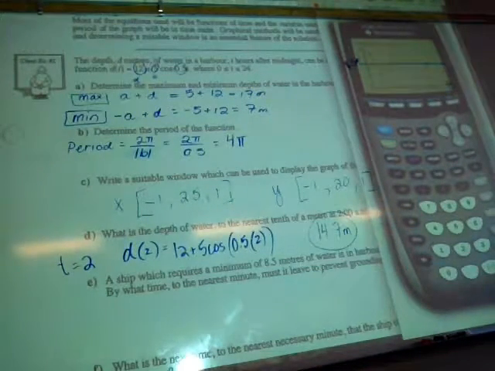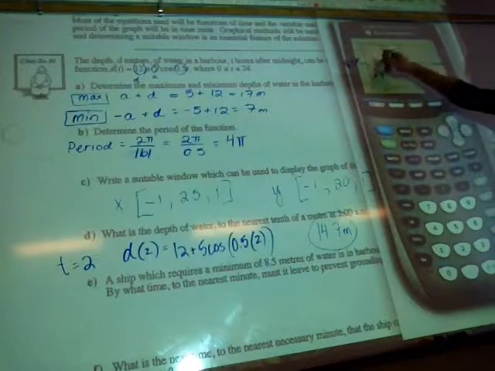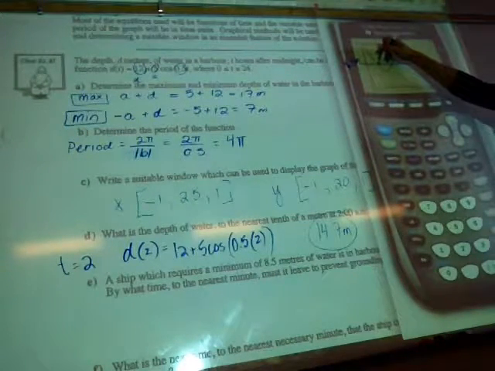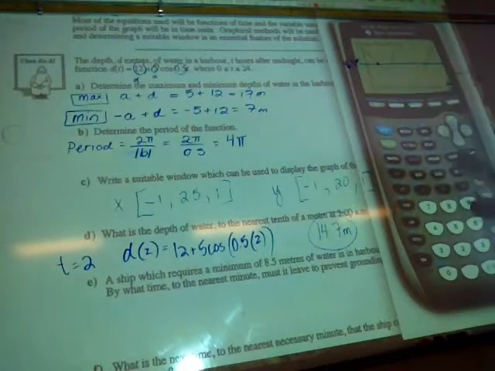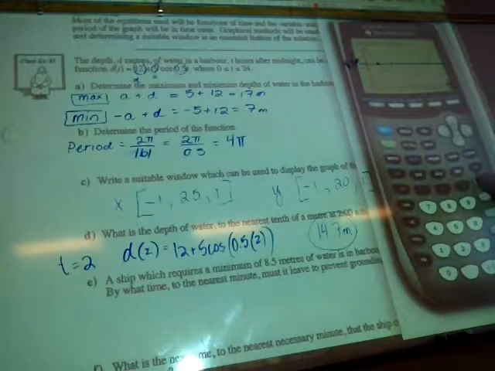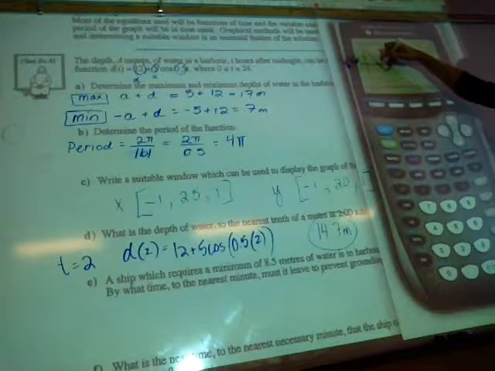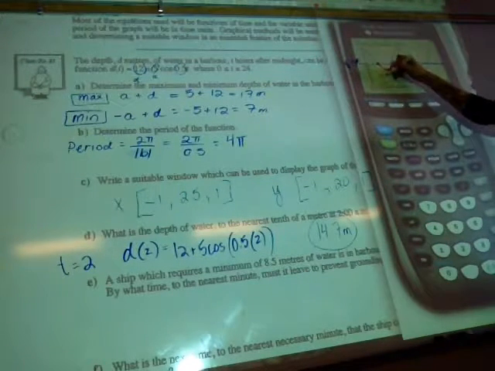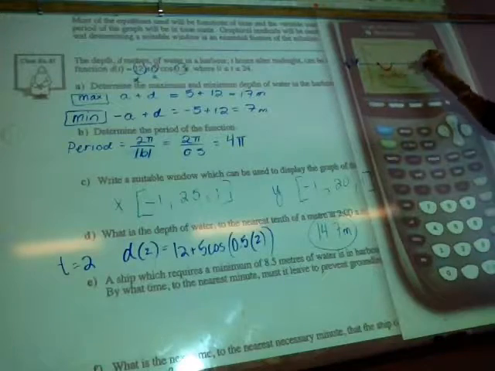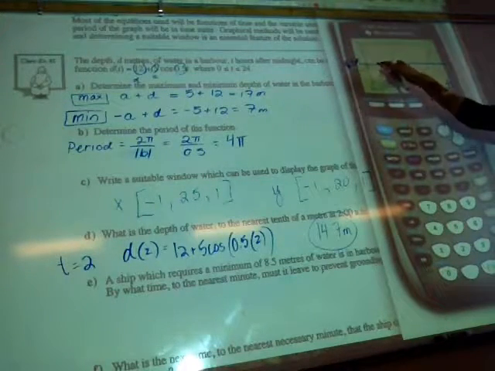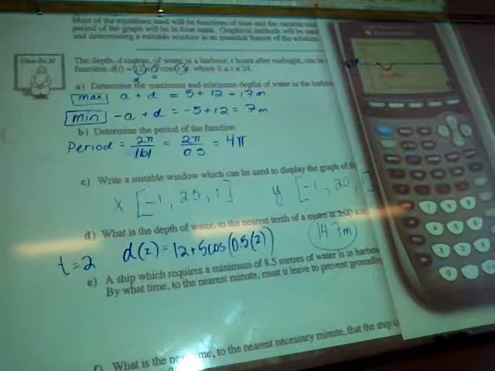And we're going to figure out, okay, this is midnight, at what time will they have to take the boat out? Because anything under 8.5 meters of water, that's going to be grounded. There won't be enough water for the boat. So we've got to figure out what time that boat needs to get out of the harbor.